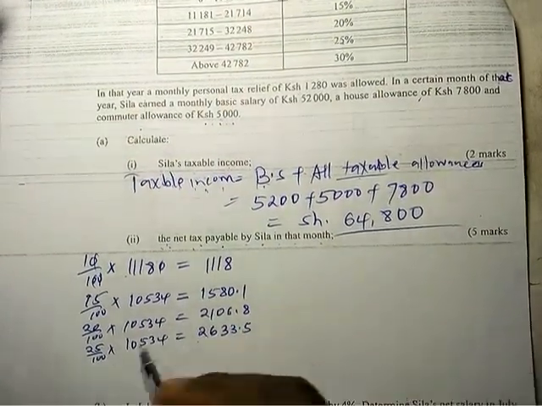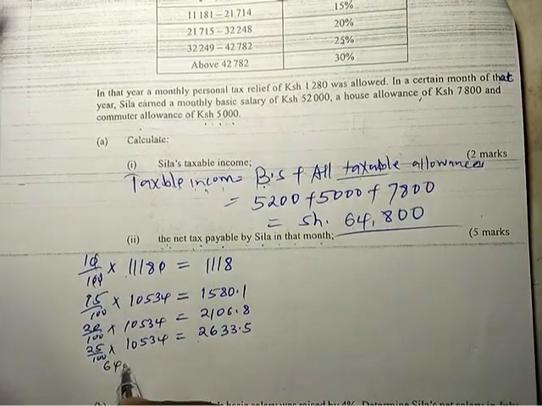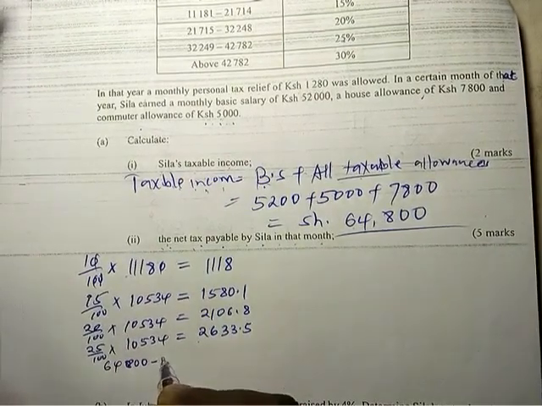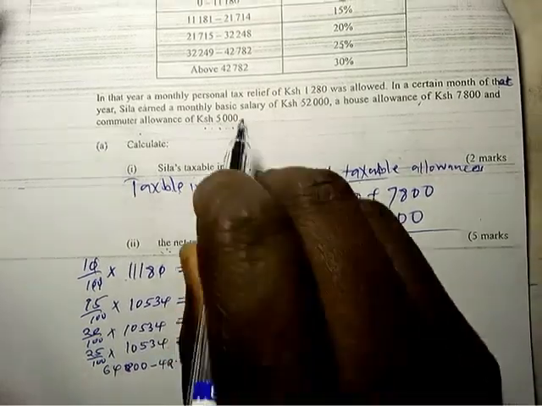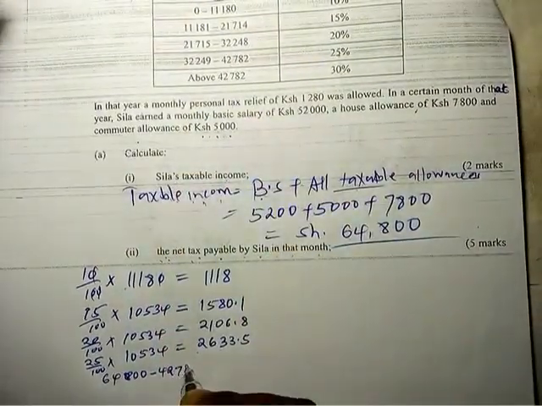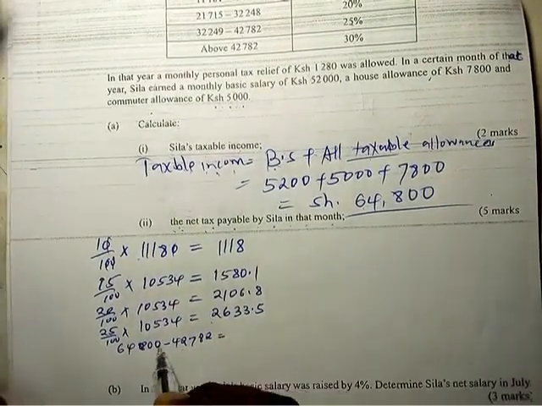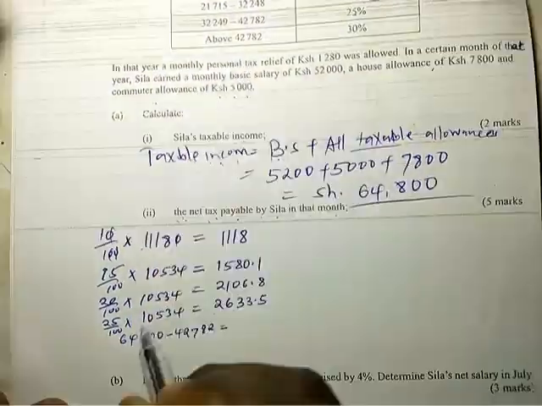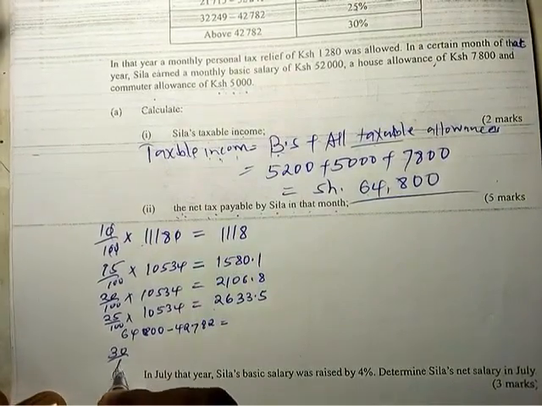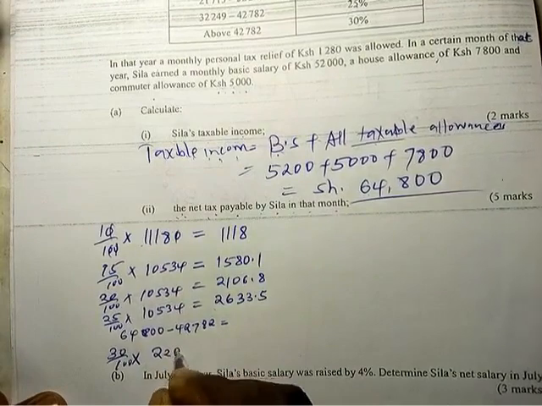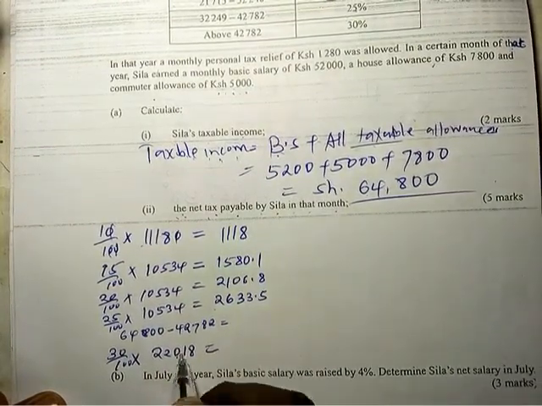So that one is 64,800 minus 42,782 inakupea. Whatever you get is what is going to the above, which is now 30 over 100 times what is remaining, 22,018. This is what is above.